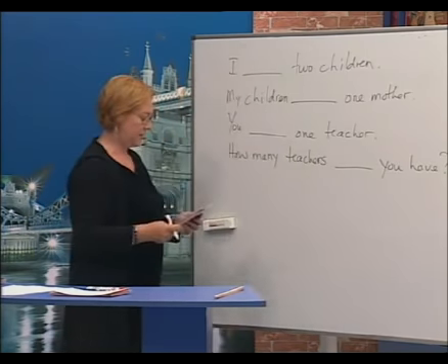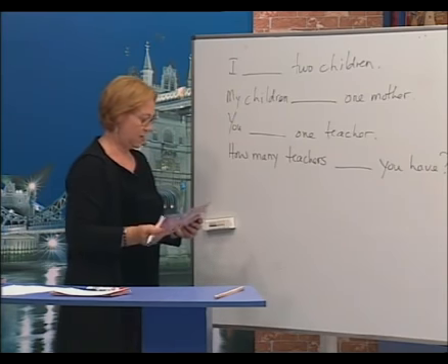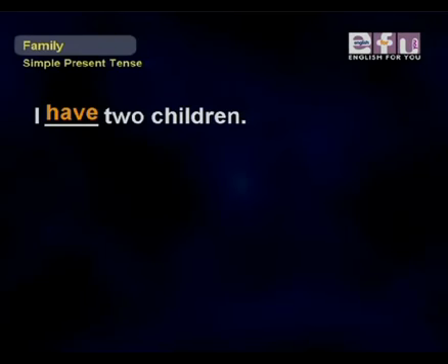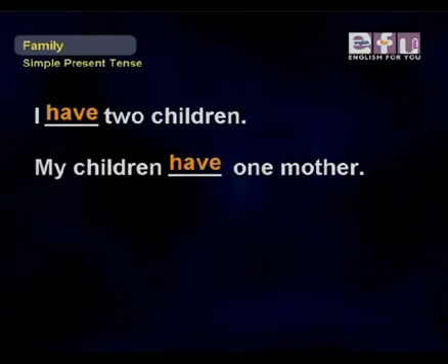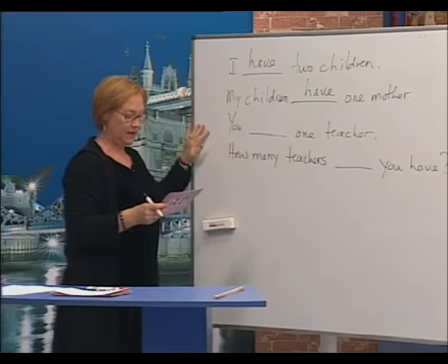Okay, now again, one by one. Lisa. I have 2 children. Yes, I have 2 children. Really? Okay, Ali. My children have 1 mother. Oh, very good, Ali. Isabel.